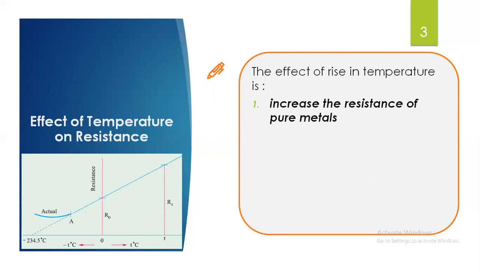As you can see in this graph of temperature versus resistance, it is somewhat a straight line. It means as temperature increases, the resistance increases. So to increase the resistance of a pure metal, we simply have to increase the temperature.